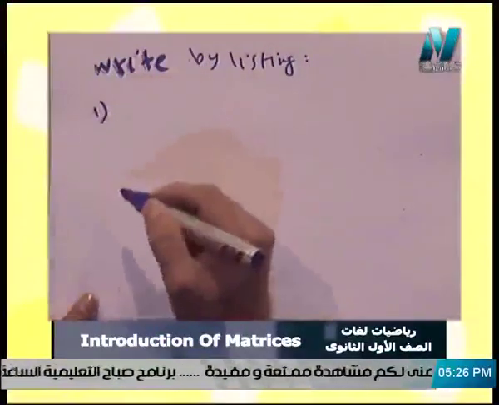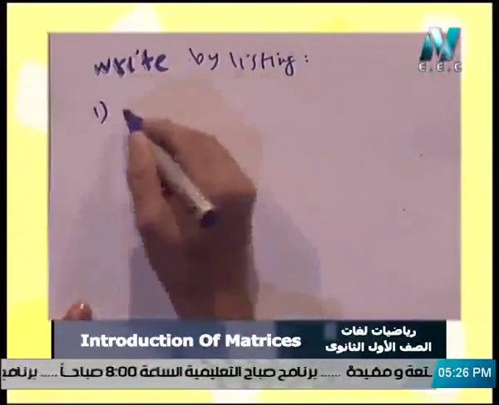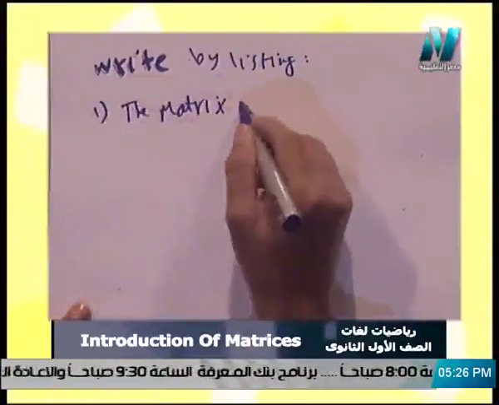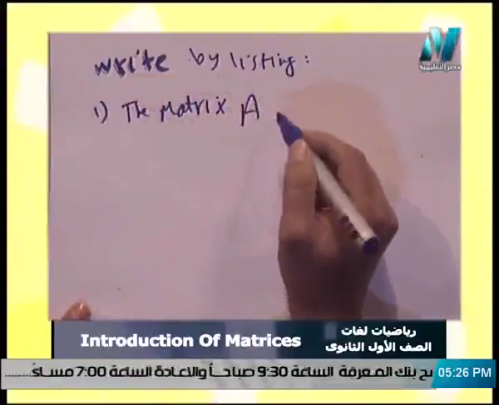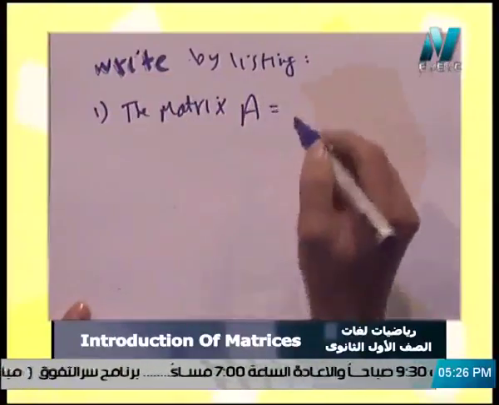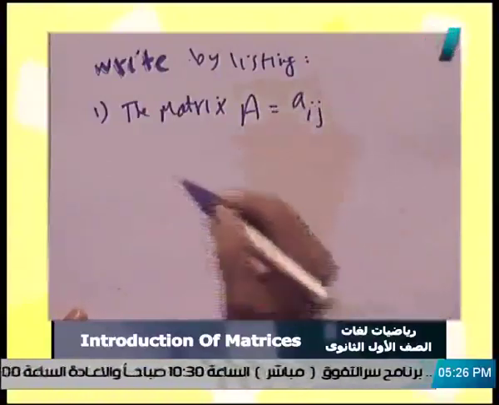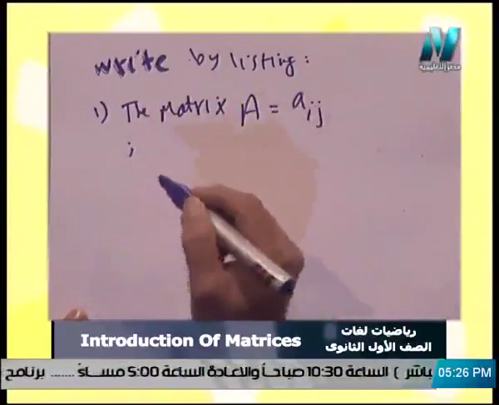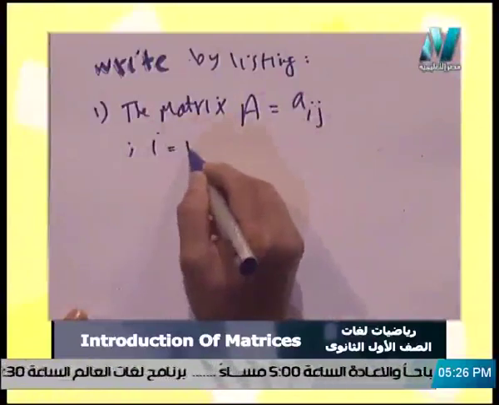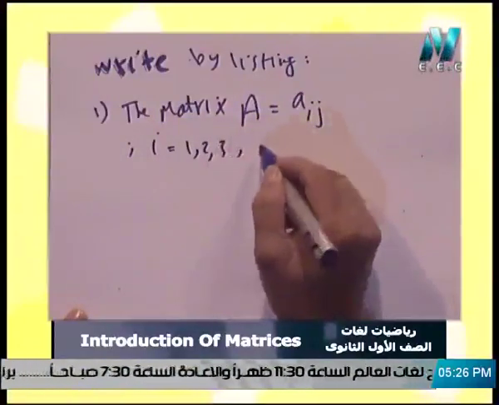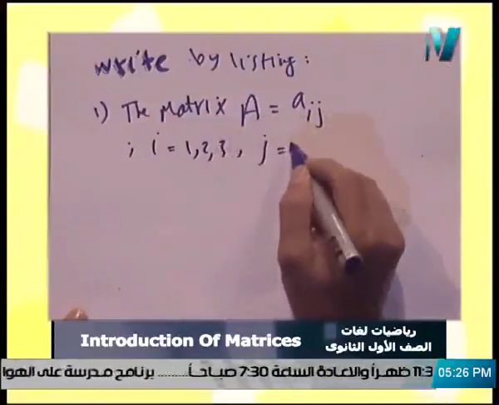Number 1, the matrix A, capital A for the matrix, as we know, which is equal to [aij], such that i equals 1, 2, and 3, and j equals 1 and 2.